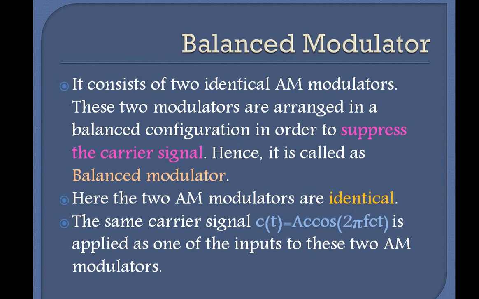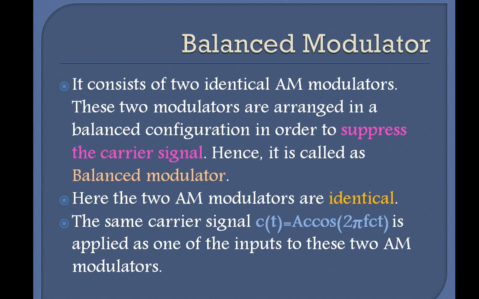Fine. The carrier signal is c(t) = Ac cos 2πfct, and that is applied as an input to both of the AM modulators. We will have two inputs for the AM modulators, as we saw in the last class.